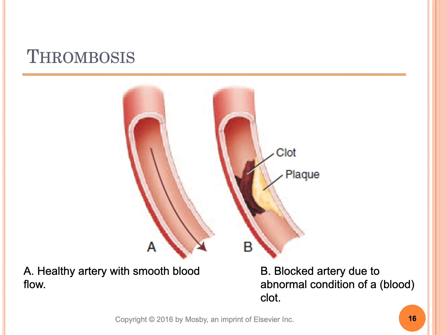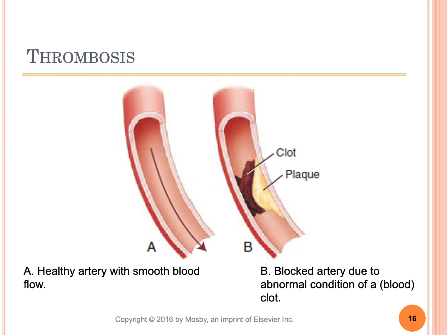But if you look at the image on the right, you can see that there is some plaque that is attached to the wall, and then there's also a clot that has formed there, a thrombosis, right? And thrombosis is not a traveling clot.